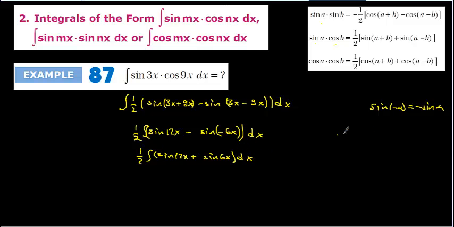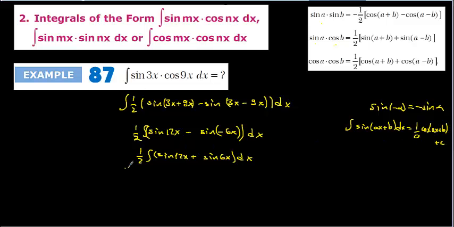And we should remember what the integral of sine ax plus b dx was. It was equal to minus 1 over a cosine ax plus b plus c.